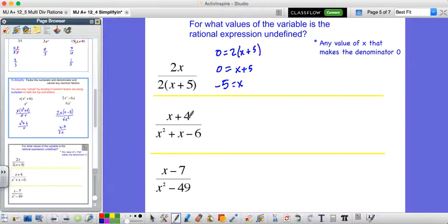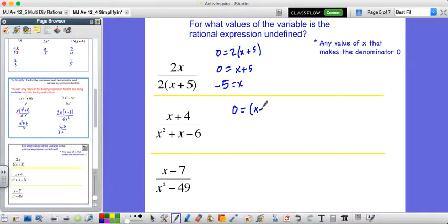For the second example, we have x plus 4 divided by x squared plus x minus 6. Now, it's not very obvious what makes this denominator 0, but oh, lucky for us, we could factor the bottom, right? So 0 equals, factoring the bottom, what multiplies to negative 6 but adds to positive 1?